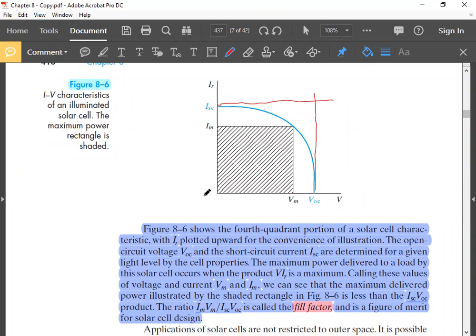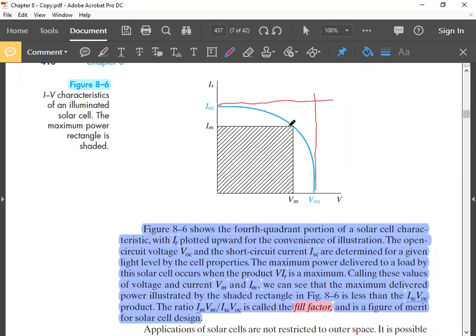It's not practical because when voltage is VOC, current cannot be ISC, or when current is ISC, voltage cannot be VOC. So this power is not obtainable, but this is a reference point. So any power obtainable from this solar cell at different points is less than this VOC ISC.